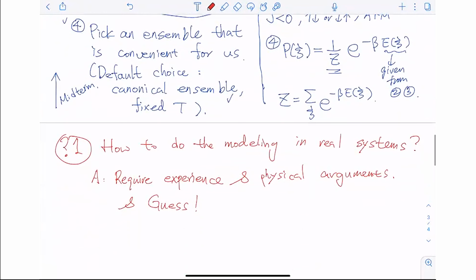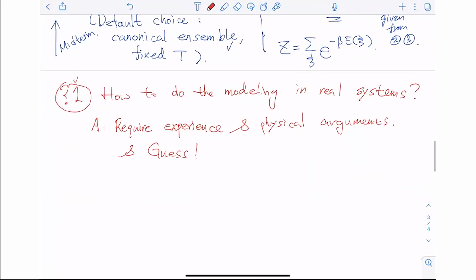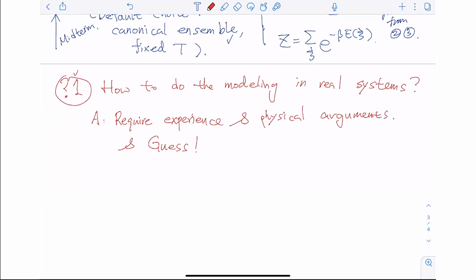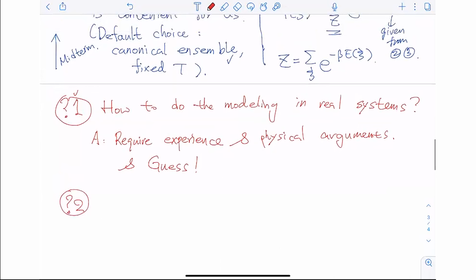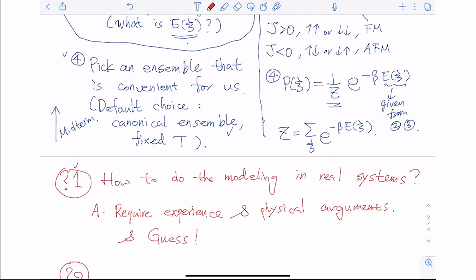Okay, so that's the potential complication of this process. And the second big question is right here.